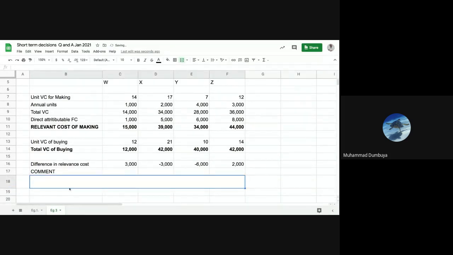So it's exactly what we have said, maybe in a different way. The company would save pounds 3,000 and 2,000 per annum for buying components W and Z, respectively. You don't have to dictate anything.